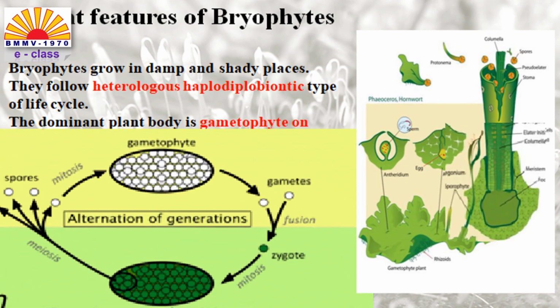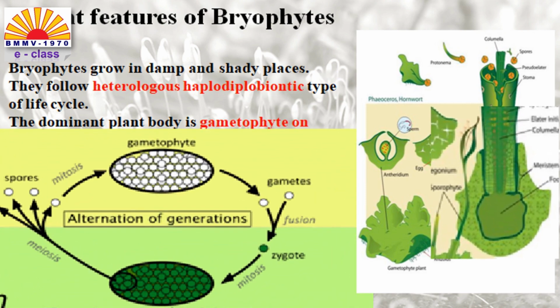These foot cells help the sporophyte to derive nutrition from the gametophyte. But at the same time, gametophyte is also capable of photosynthesizing. Gametophyte is dominant and sporophyte is semi-parasitic. That is why in bryophytes you will always find the sporophyte will never leave the gametophyte.